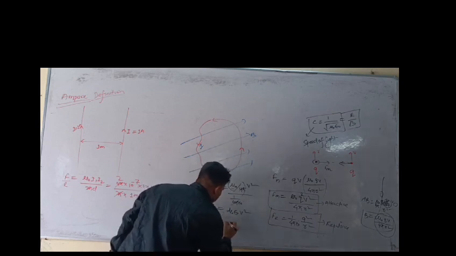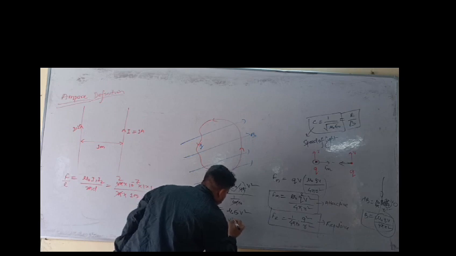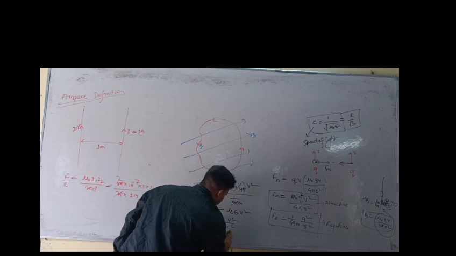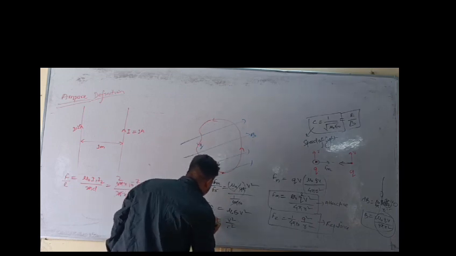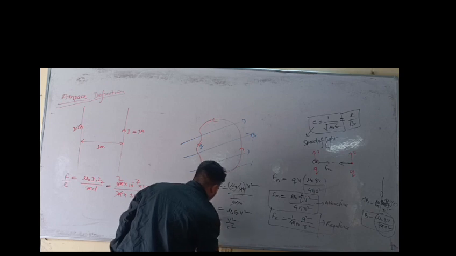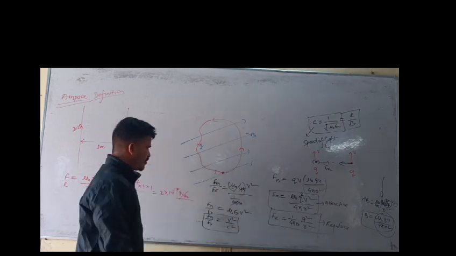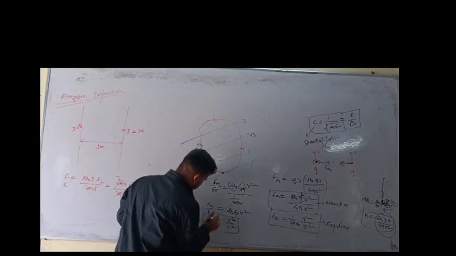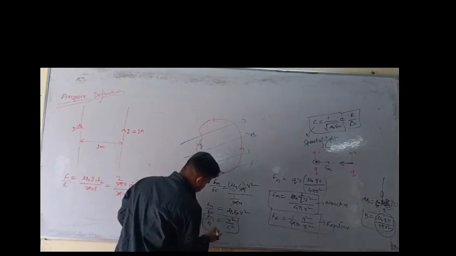I am writing it: V square upon C square. Finally, we got this result: Fm by Fe equal to V square upon C square. Copy this. Fe, not Fr.